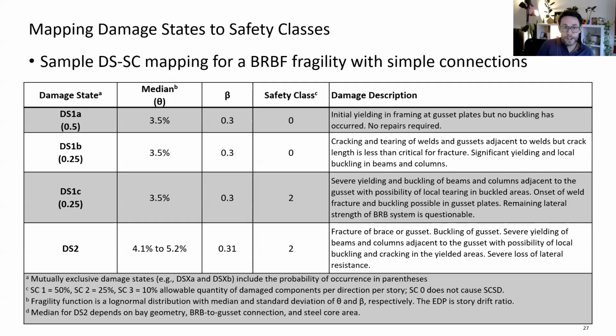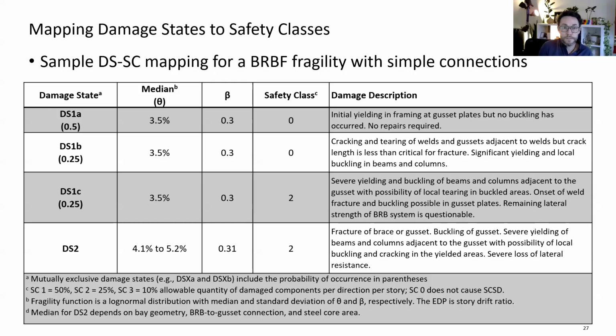So the challenge in this step can be the lack of fragility data, or the fact that maybe there are fragility functions that exist, but they're no longer consistent with the latest design and detailing practices, which was our case here, and why these functions were recently updated as part of that ATC 138 project.